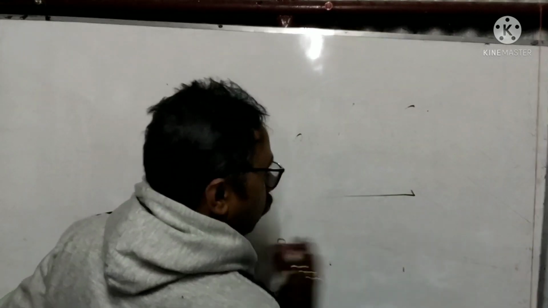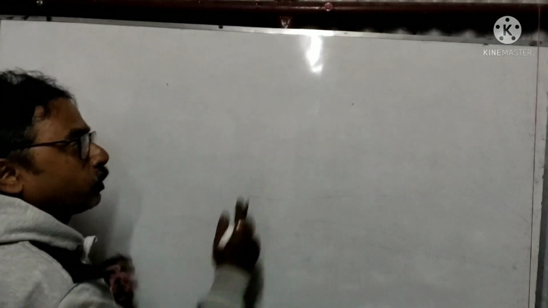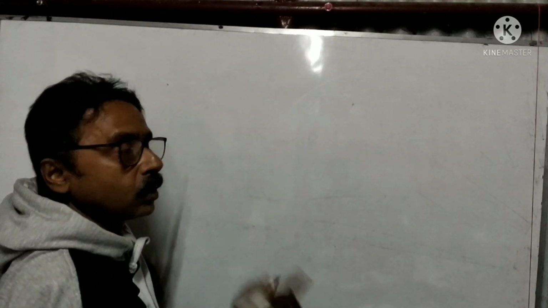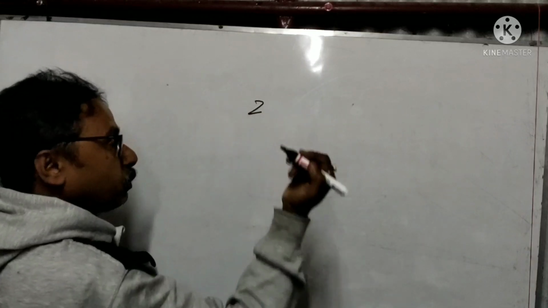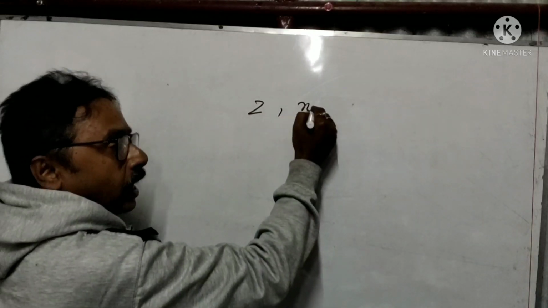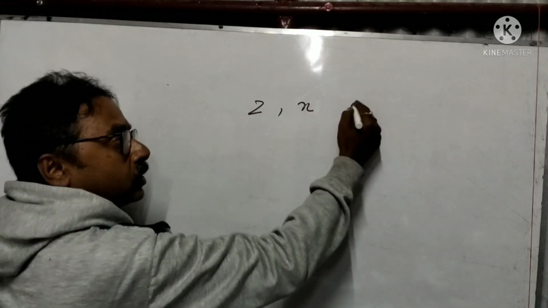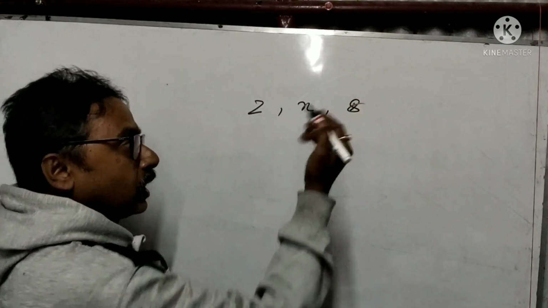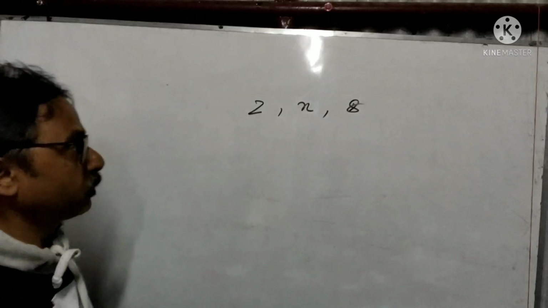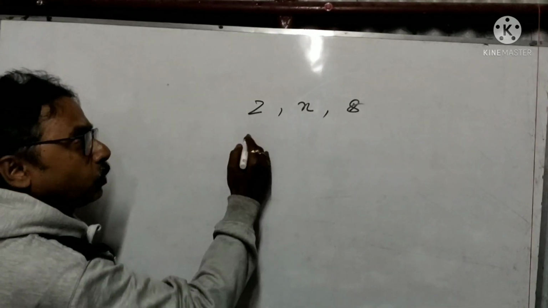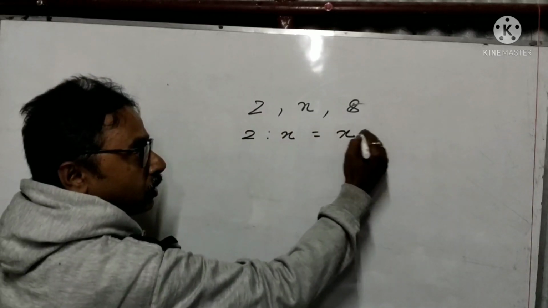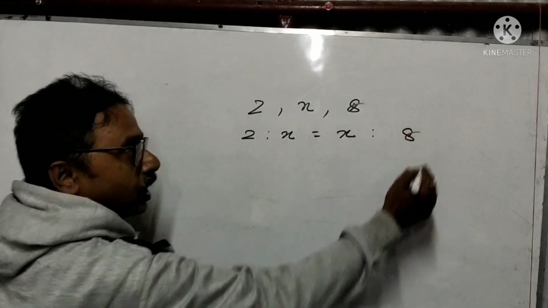Now, out of three numbers in continued proportion, one is missing. Suppose the mean proportion is missing between 2 and 8, and let it be x. 2, x, 8 are in continued proportion. We have to find the mean proportion. So I can write 2 is to x is equal to x is to 8.